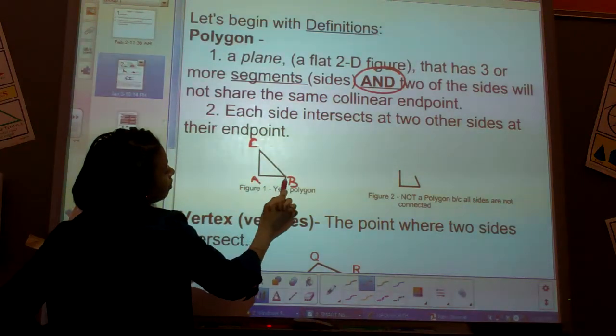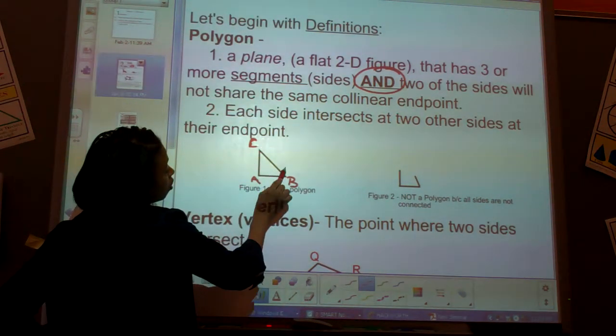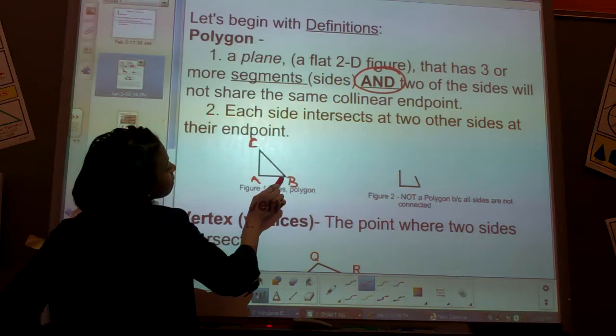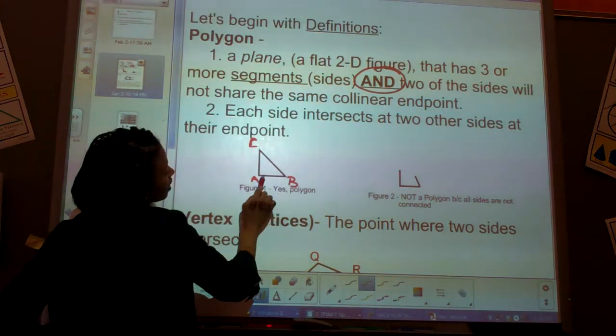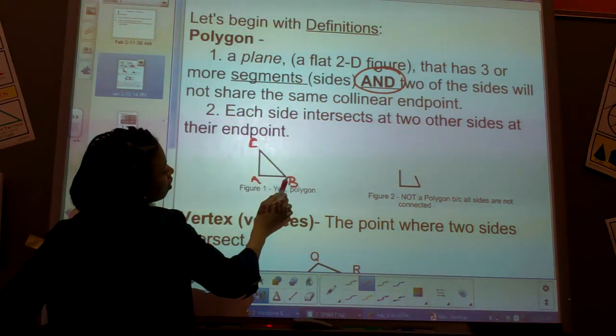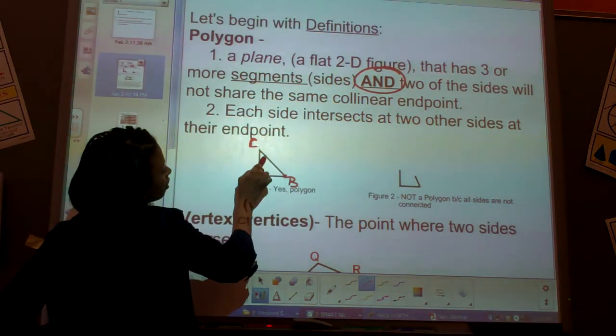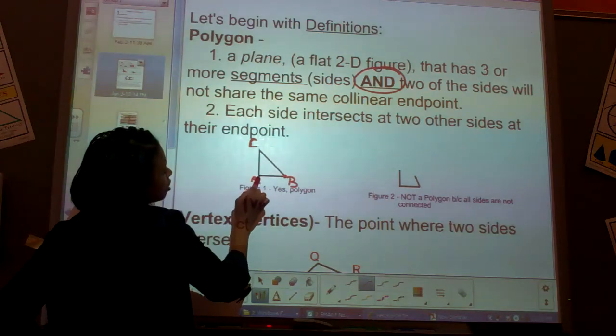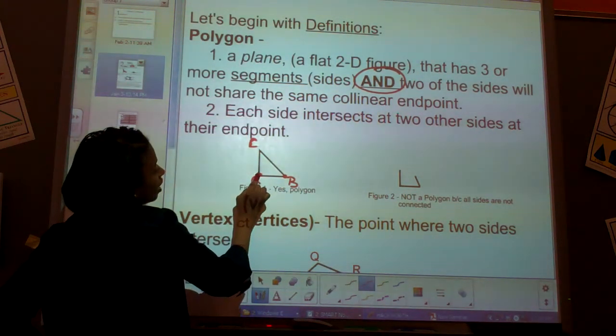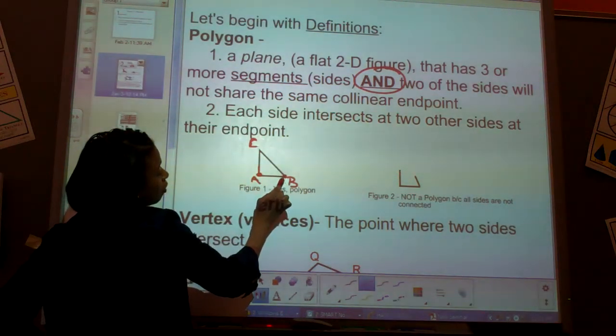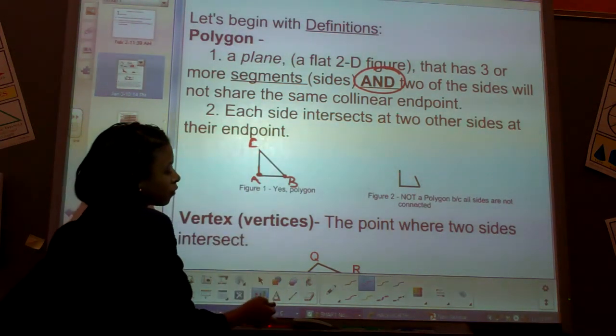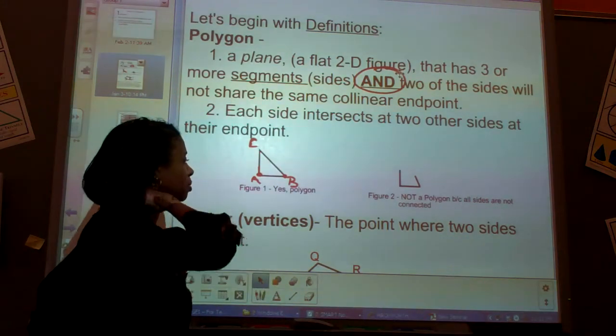And also on the other end, this endpoint B is connected to another segment, CB. So this triangle is a polygon because endpoint A touches another segment, and endpoint B touches another line segment.